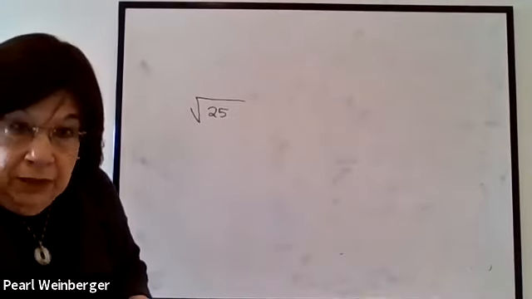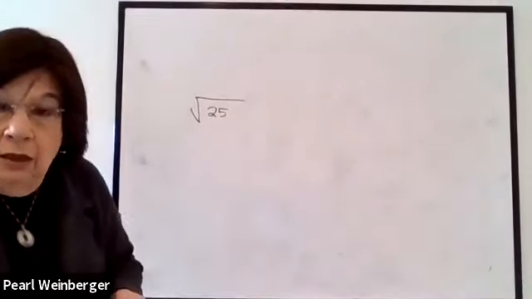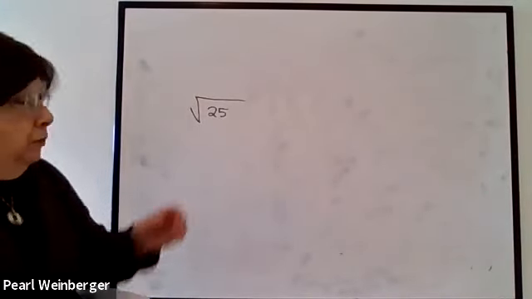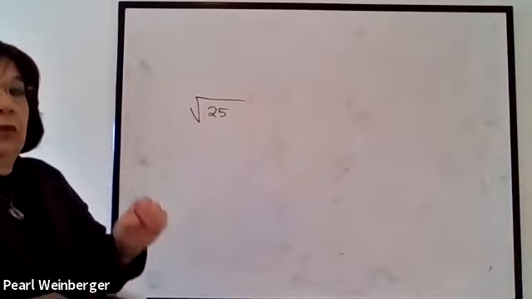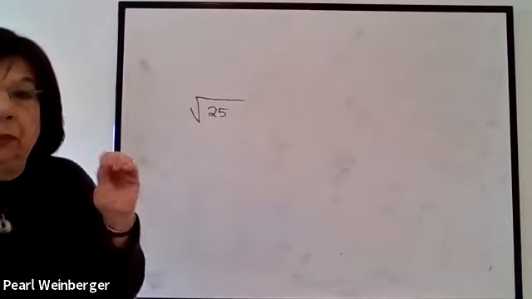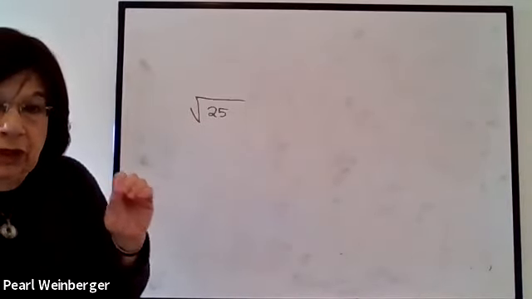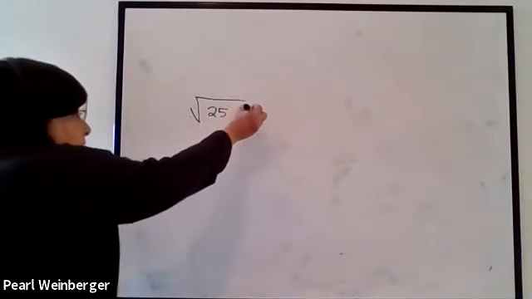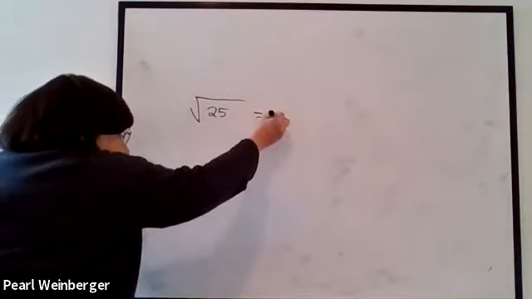But when we talk about the square root of a number, and we use this radical sign, this is what's called the principal square root, which really means the positive one. In other words, this is equal to 5.